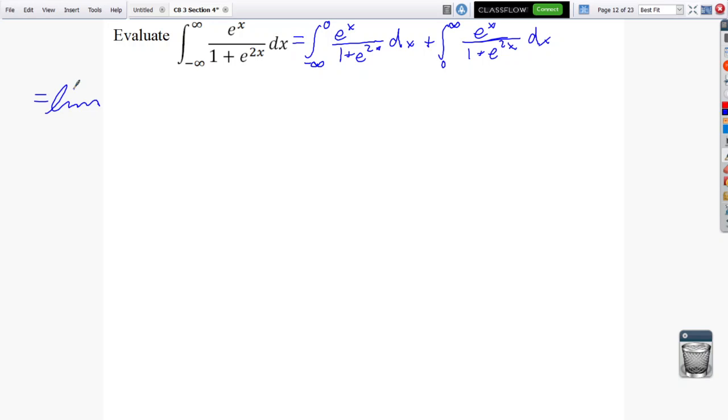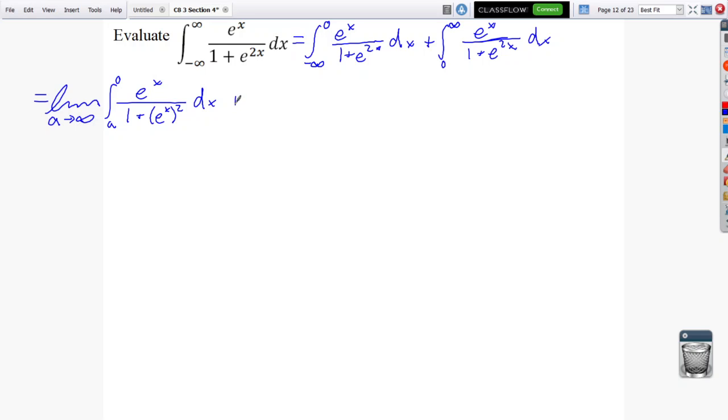Since we're using two limits here, you really could use the same variable, but it just feels icky when we use the same variable, so I'm going to switch it up. Since this is the lower limit, I'm going to call this limit as a approaches negative infinity of the integral from a to 0 of e to the x over 1 plus, and I'm going to put something up here to recognize that e to the 2x is really e to the x squared.